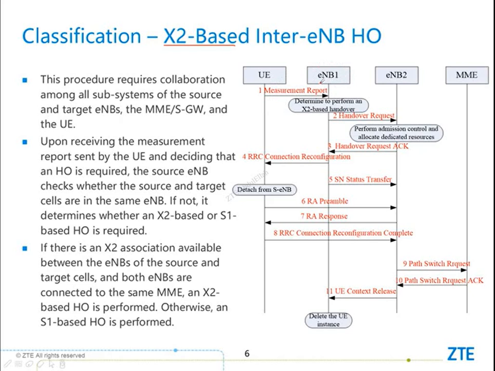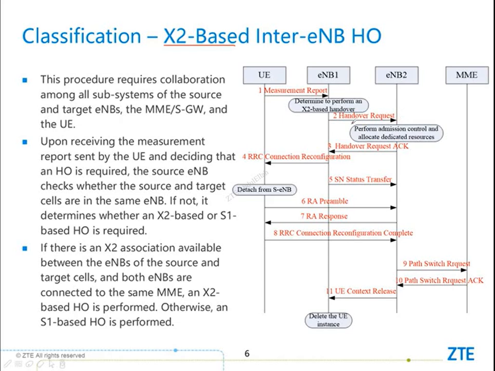After E-node-B 1 receives the measurement report, it needs to do the judgment. After judgment, E-node-B 1 will send a handover request to E-node-B 2 through the X2 interface. If E-node-B 2 receives the handover request, that means there is one user who wants to hand over to my cell.